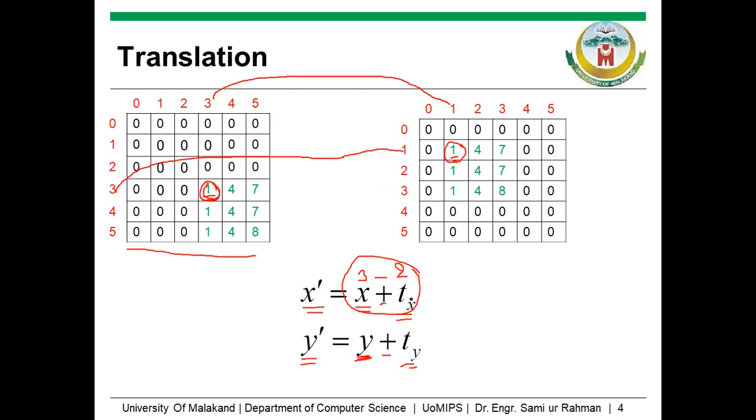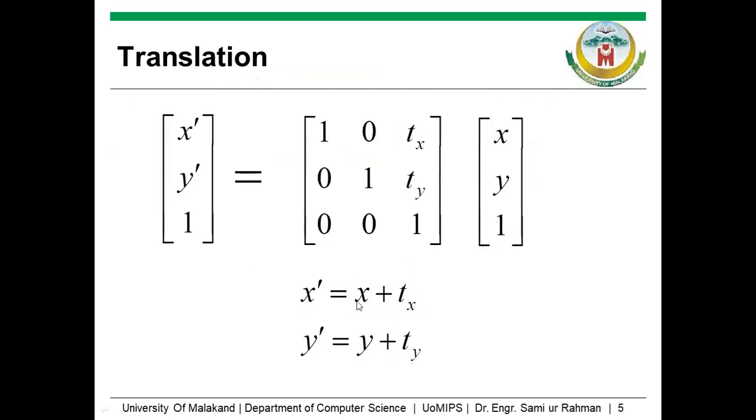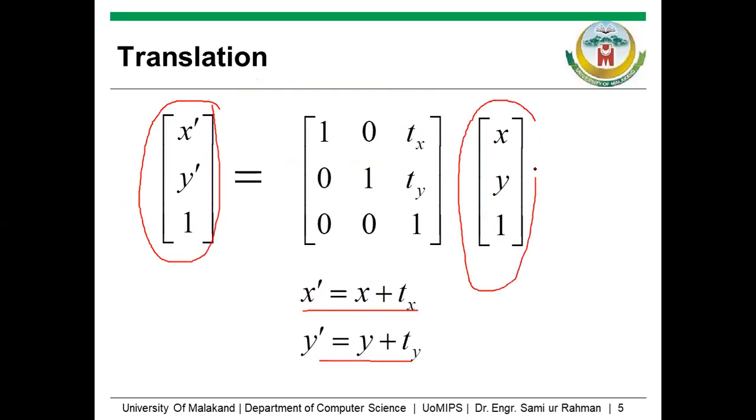So tx represents the translation along the x-axis, and ty represents the translation along the y-axis, and we can use this equation for this transformation. In matrix form, we can represent these equations through these matrices. Let's say this matrix represents the new position, and this is called the transformation matrix.